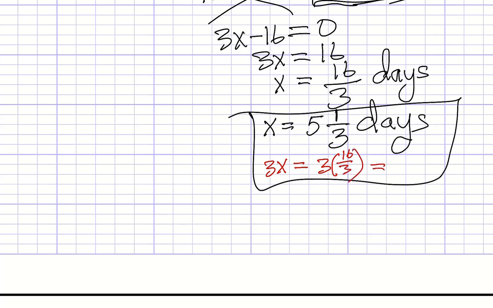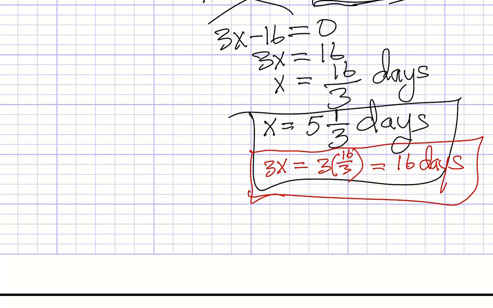That guy would take 16 days, man. You see that, right? He would take 16 days, while the other guy would take 5 and 1 over 3 days. That's what the faster guy would take.